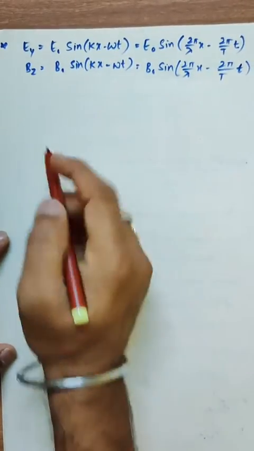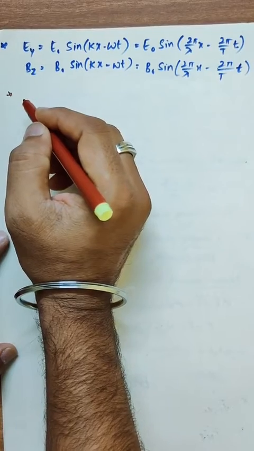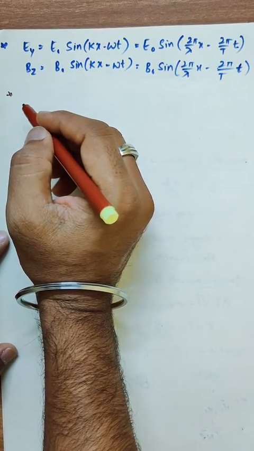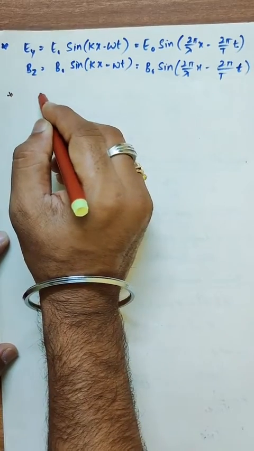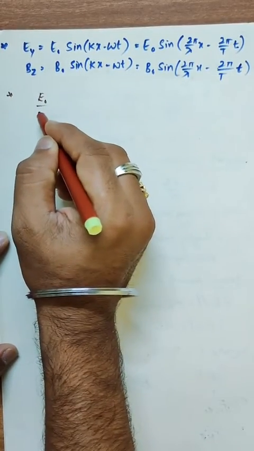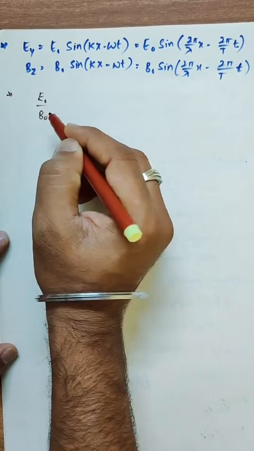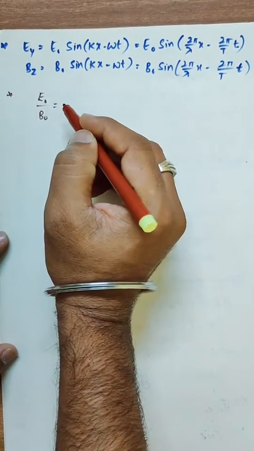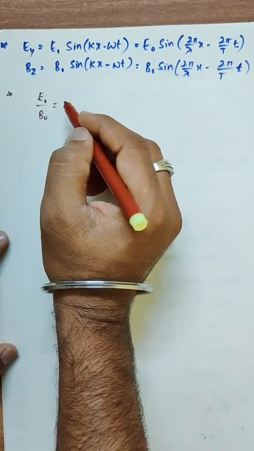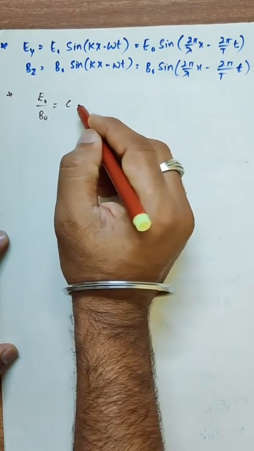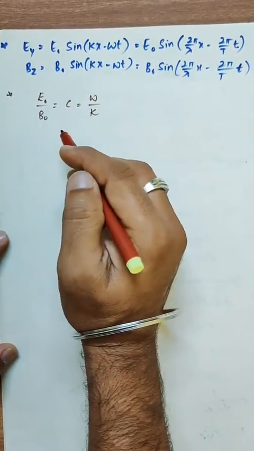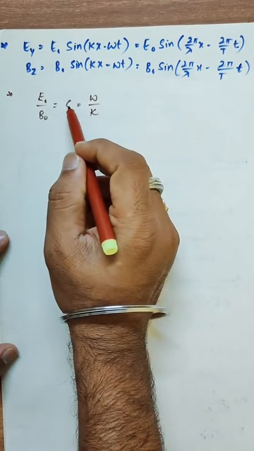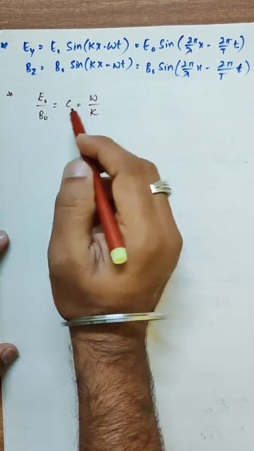Next point, the amplitude ratio of the electric field and magnetic field: E naught divided by B naught is equal to C, which is equal to omega by k. This is nothing but the speed of the electromagnetic wave.